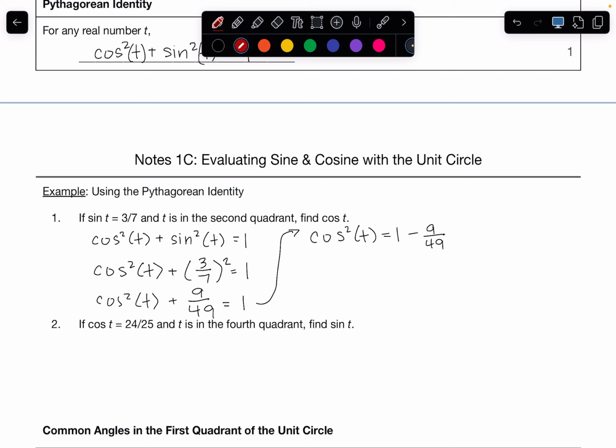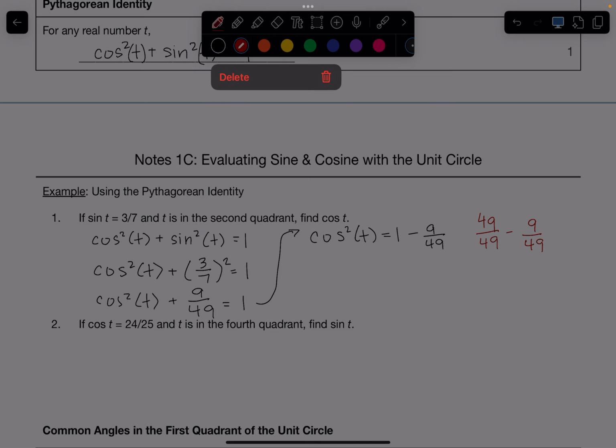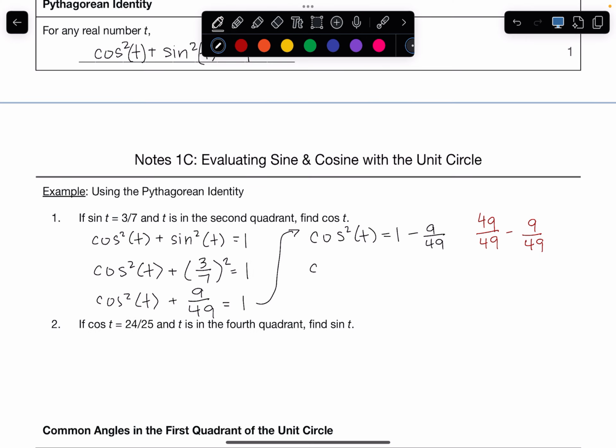So I want something over 49 minus 9 over 49. That first fraction should be equivalent to 1. What should my numerator be? 49. Very good. And what is 49 minus 9? 40. Yeah. So cosine squared of t is 40 over 49.